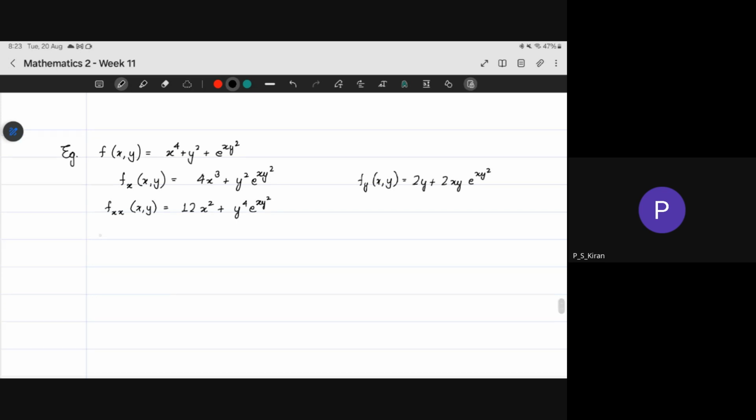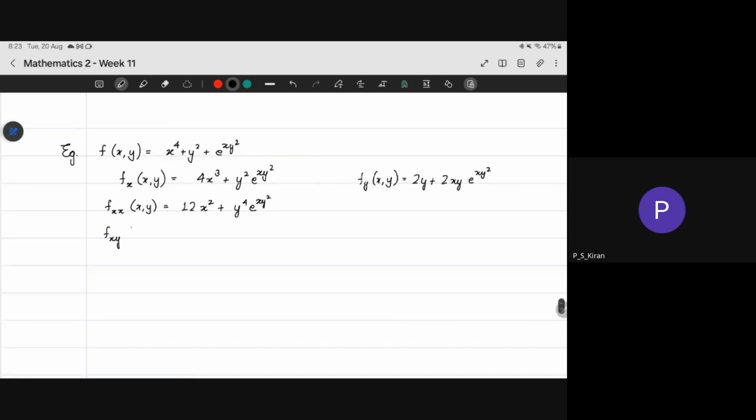This is what you get. fxy will be, differentiate fx with respect to y, which will give me 2y e to the xy squared plus 2y cubed. Is this correct?